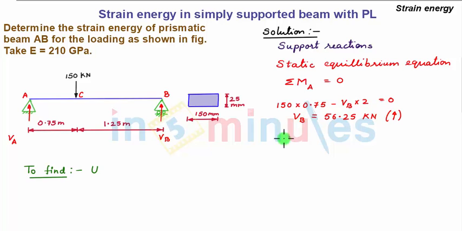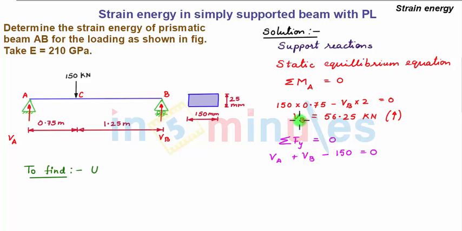Next we apply another static equilibrium equation, which is summation of all vertical forces is equal to 0. Now we'll consider all the vertical forces acting on the beam. Our sign convention is upward force is positive and downward force is negative. So we have VA plus VB minus 150 kilonewton downward force is equal to 0.